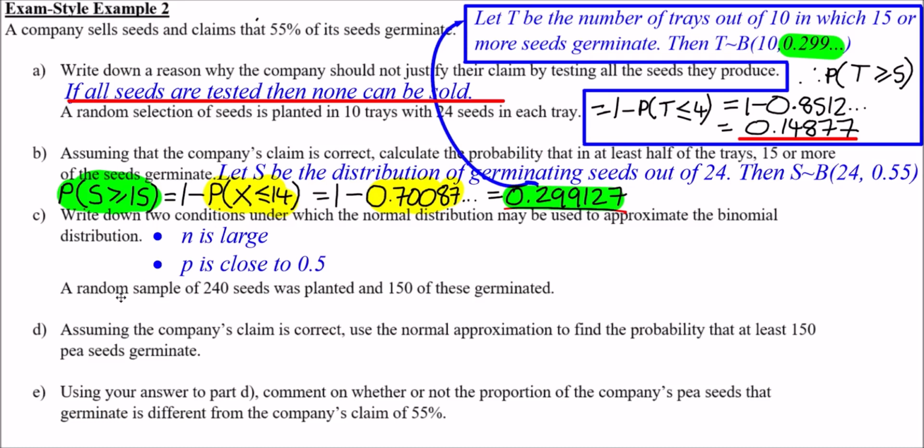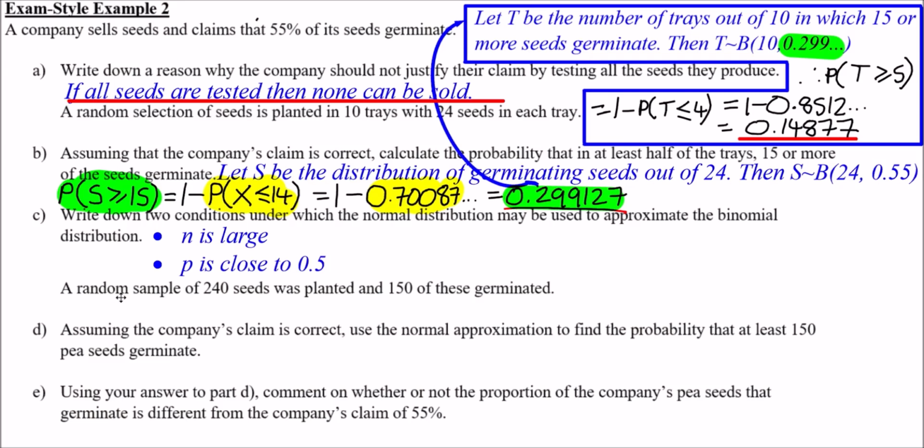So now to set up the question for D, we're now told that a random sample of 240 seeds was planted and 140 of them germinated. So again, assuming that the company's claim is correct, we're going to use the normal approximation here to find the probability that at least 150 of these pea seeds germinate.